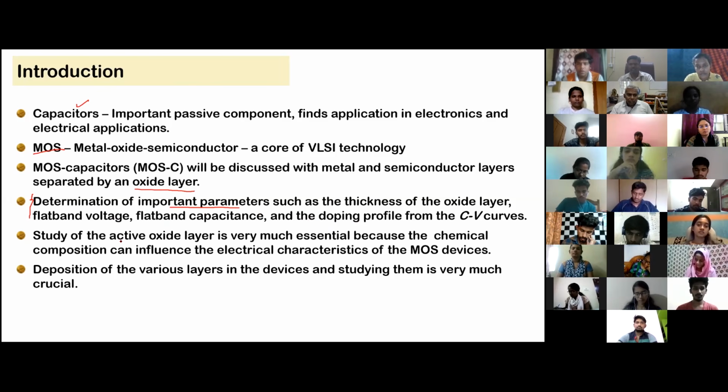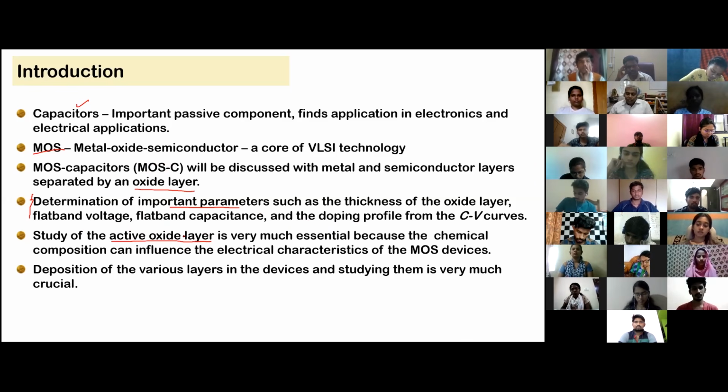That one layer is called an active oxide layer because it's metal oxide semiconductor. This oxide layer is the one we use as an insulator. In a regular capacitor, you have an insulator in between the plates.